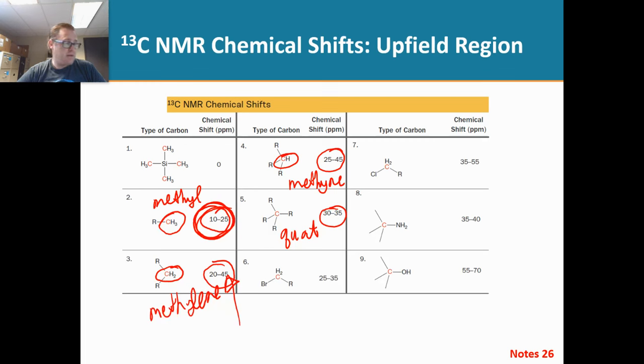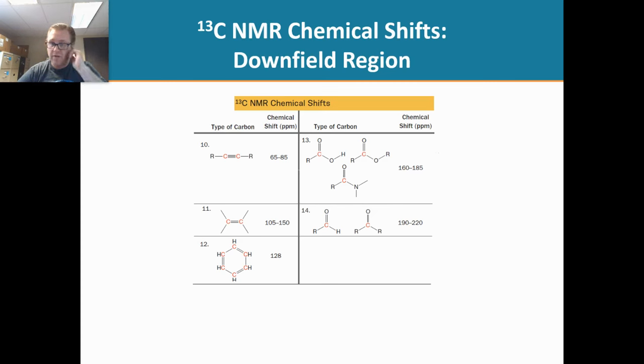Okay, so there's that. There's another table right here that just shows you other chemical shifts of other carbons. So if you see carbons in this range, then you have a pretty good idea that you have a carbonyl compound. And carbonyl compounds are that.